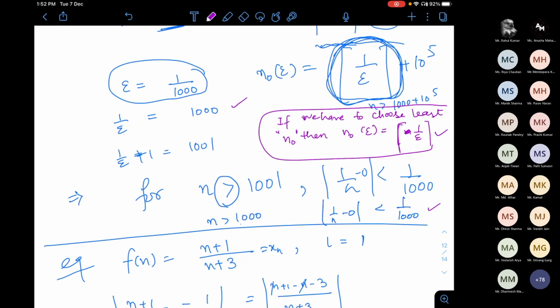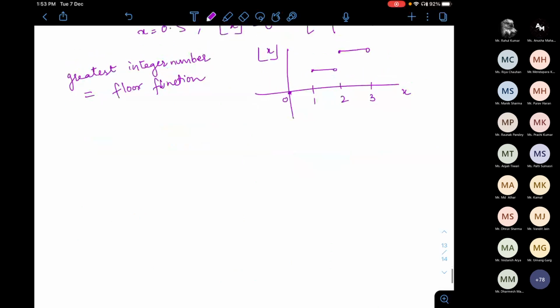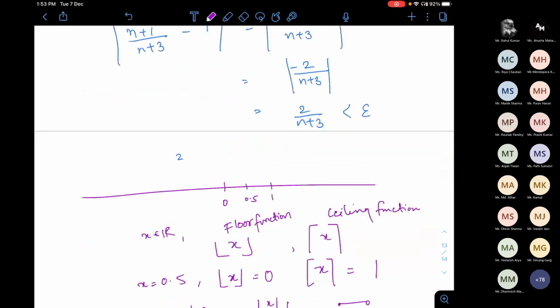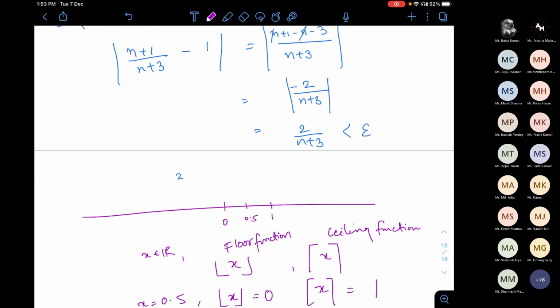I add 1, so there is no need to add again. It depends upon you how you want to proceed. In one or two classes, you will get the mastery of this. You will not even bother to ask me this because you will already know how to solve inequalities. Once I tell you how to calculate the function n naught of epsilon, then we are through.